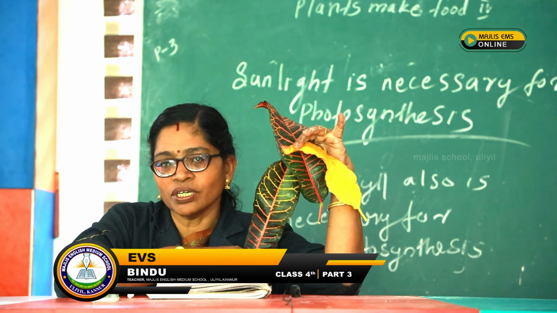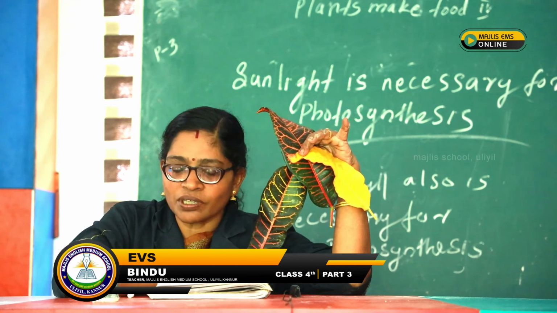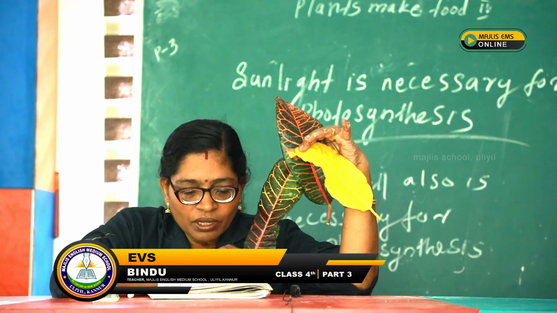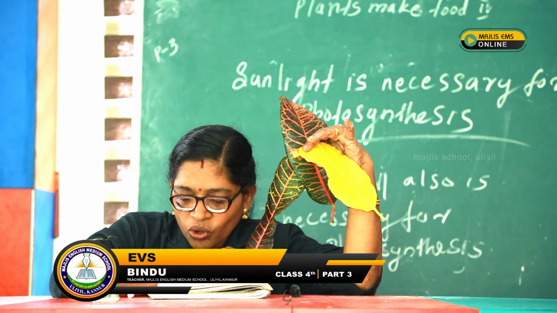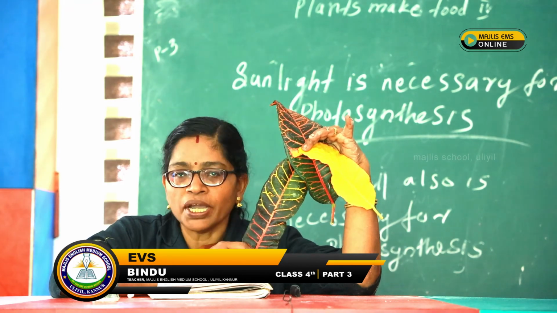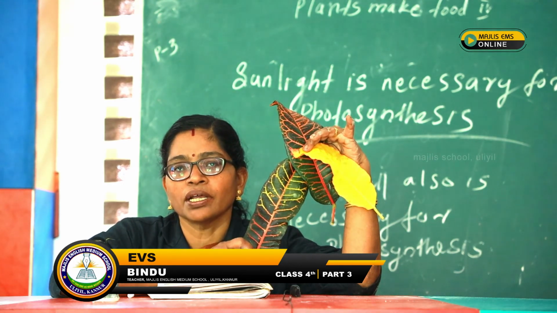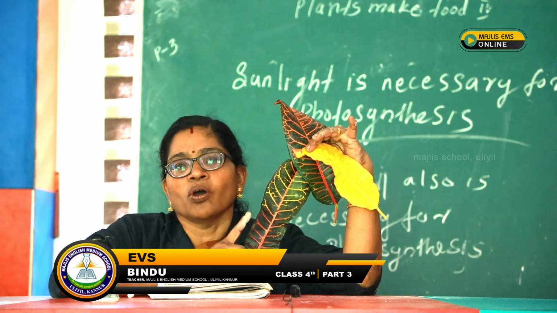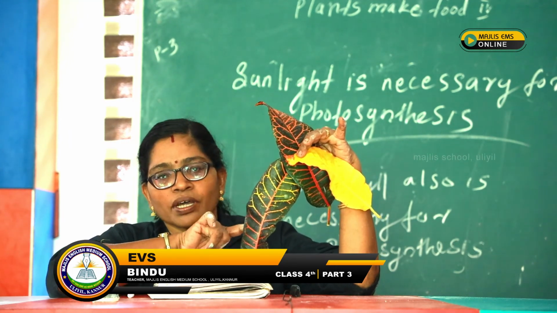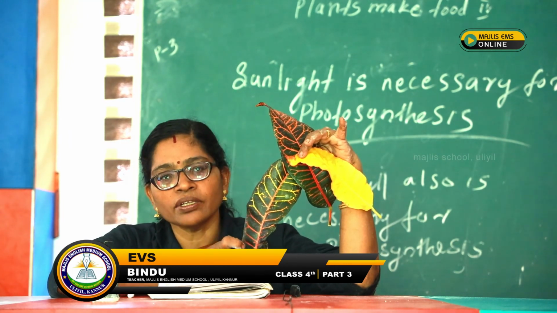Do you understand? Yes. The leaves contain green chlorophyll, and they appear dark in color. Why do they appear dark? The dark color hides the chlorophyll.